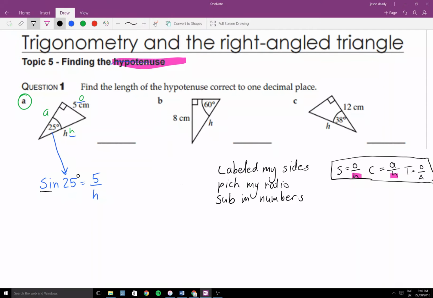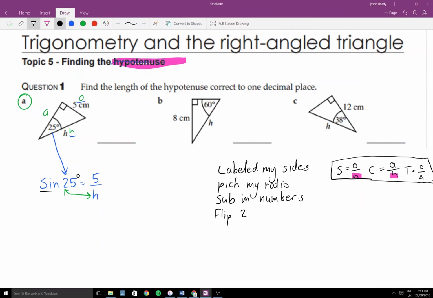Okay, now this is probably the new step. What you need to do is flip these two. You need to move the sine 25 to where the hypotenuse is, and the hypotenuse to the sine 25. And I'll explain why later, but we flip those two.